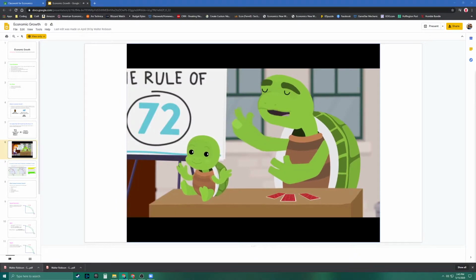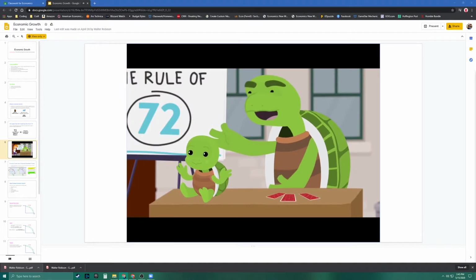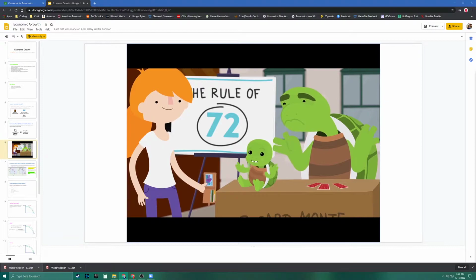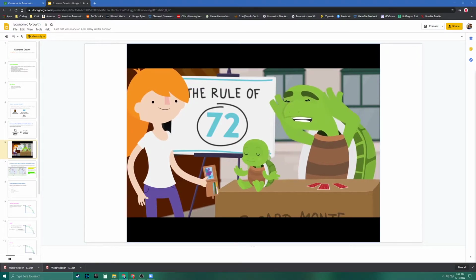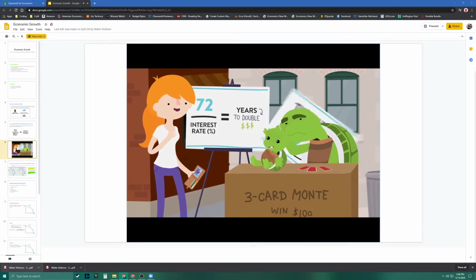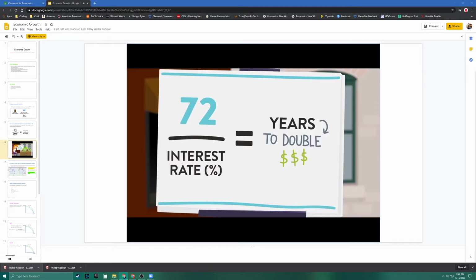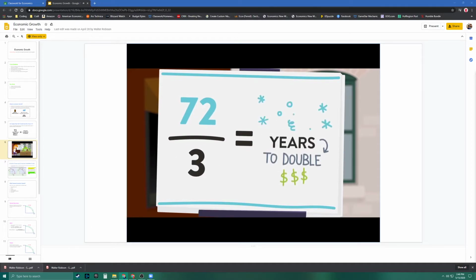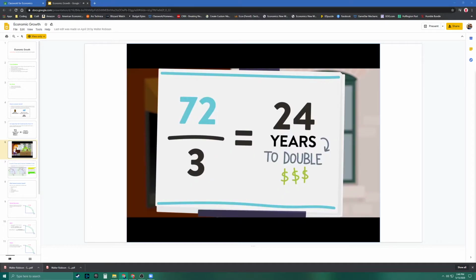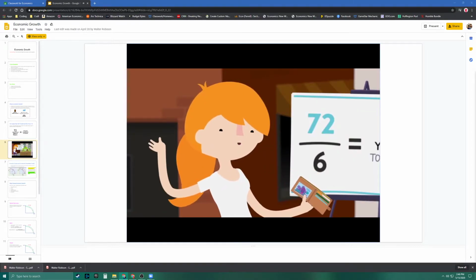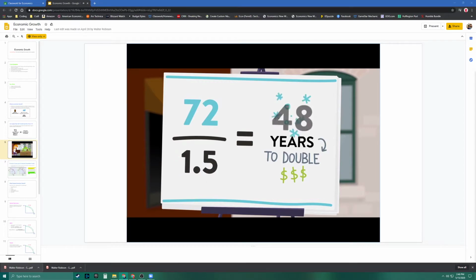Junior, the first rule of 72 is you don't talk about the rule of 72. 24 years. At 3% interest, it will take 24 years for your investment to double in value. You did that so fast. It's easy with the rule of 72. All you have to do is divide 72 by the annual rate of return. That's your interest rate. Yours is 3%. So, 72 divided by 3 is 24. That's amazing. So if my interest rate is 6%, 72 divided by 6 is 12. It would take 12 years to double. or 1.5%, 72 divided by 1.5 is 48.